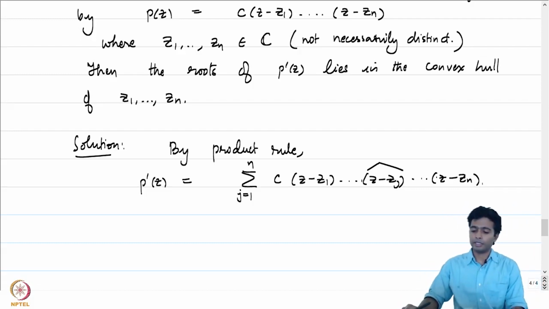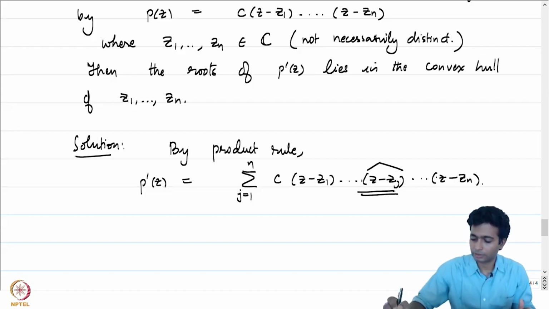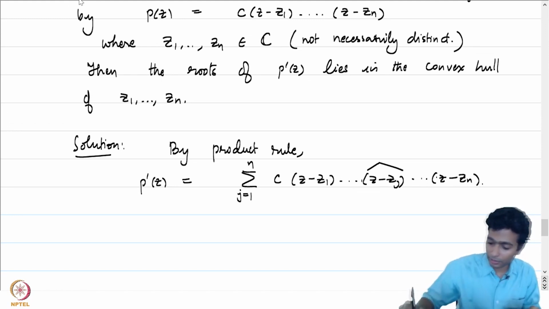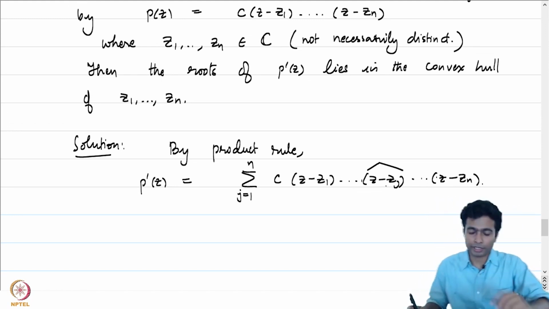This is precisely the derivative by the product rule. The hat indicates that this particular linear factor does not appear in that particular term.